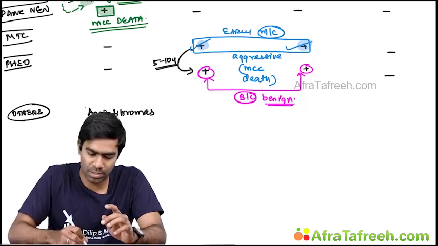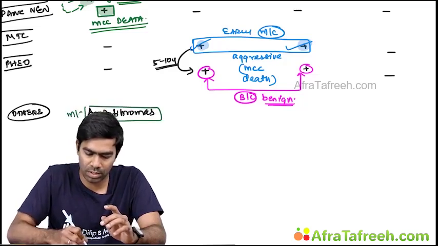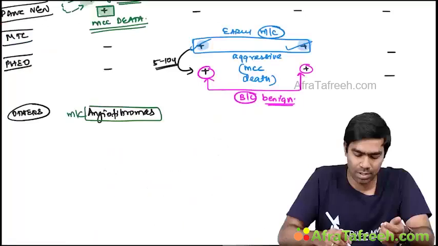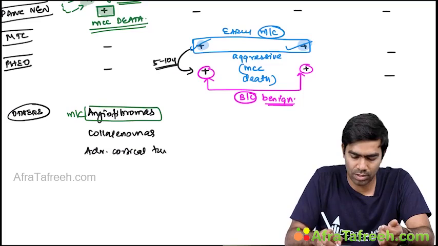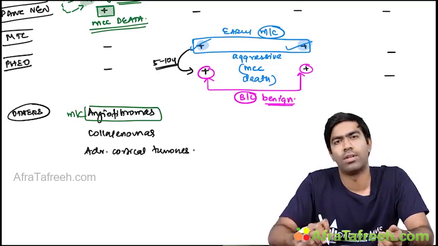Remember, these angiofibromas tend to be the most common extraendocrine tumor, apart from the endocrine tumors, in MEN1 syndrome. They can also get collagenomas, and they can get adrenal cortical tumors. All right.